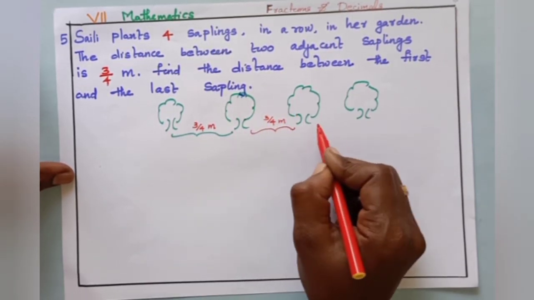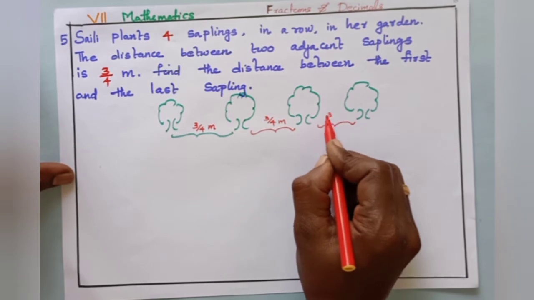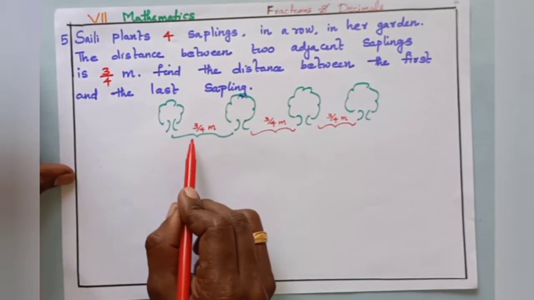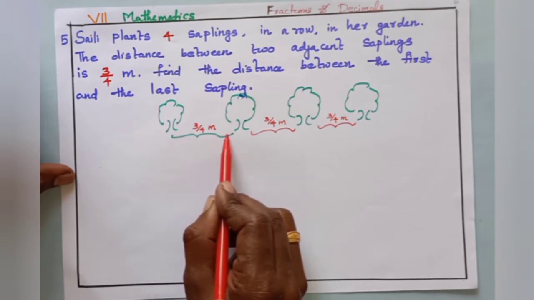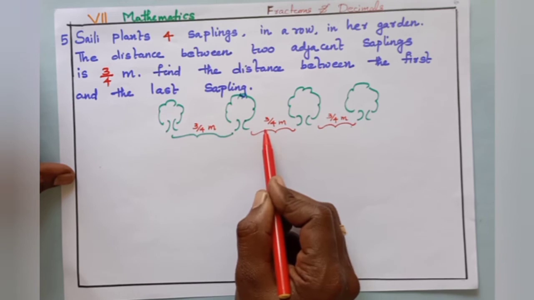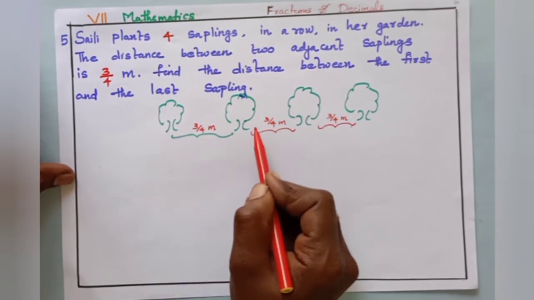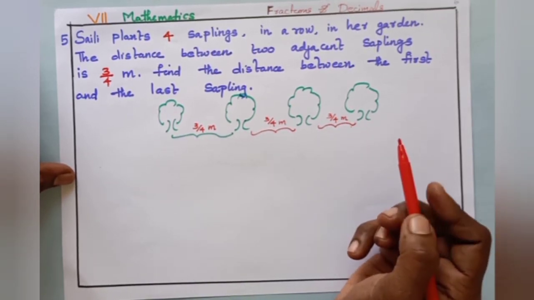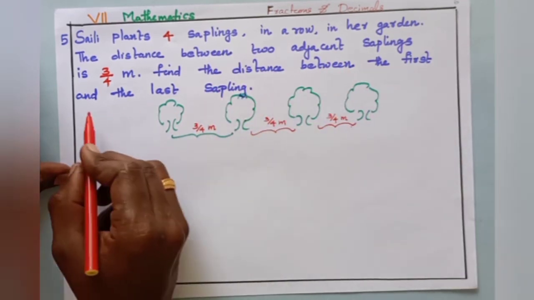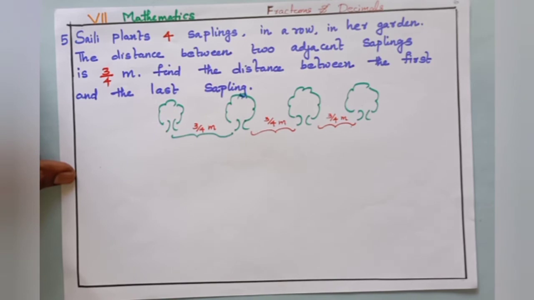Adjacent 2 saplings, same as here also 3 by 4 meter. So in between how many distances? 1, 2, 3. 3 adjacent saplings distance. So we want to find out the distance between the first and the last sapling.